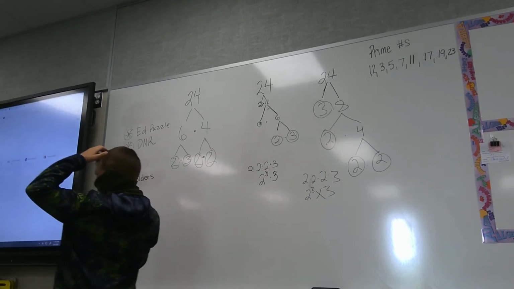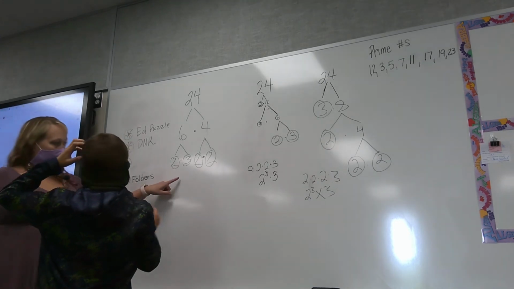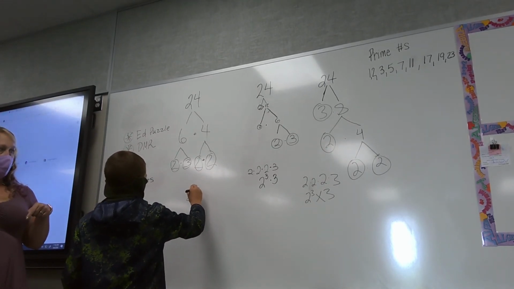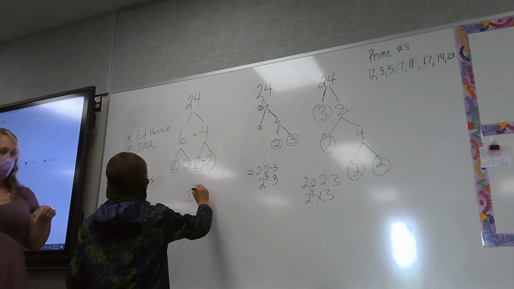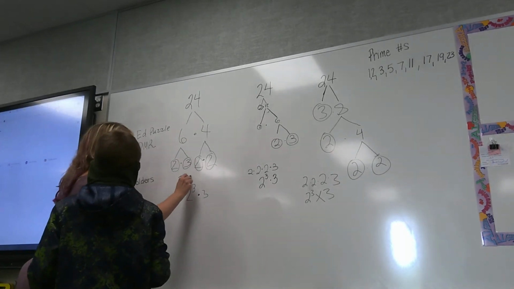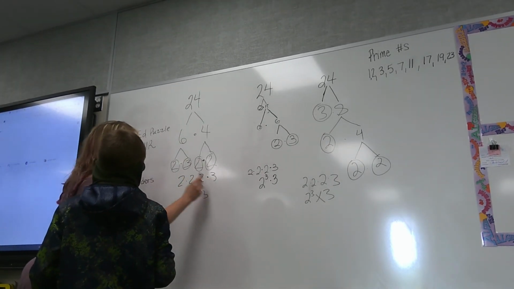Right, now how would we write it the smart way? 2 to the what power? Times the leftover 3. Perfect. And then we wrote this step 2 times 2 times 2 times 3, correct?